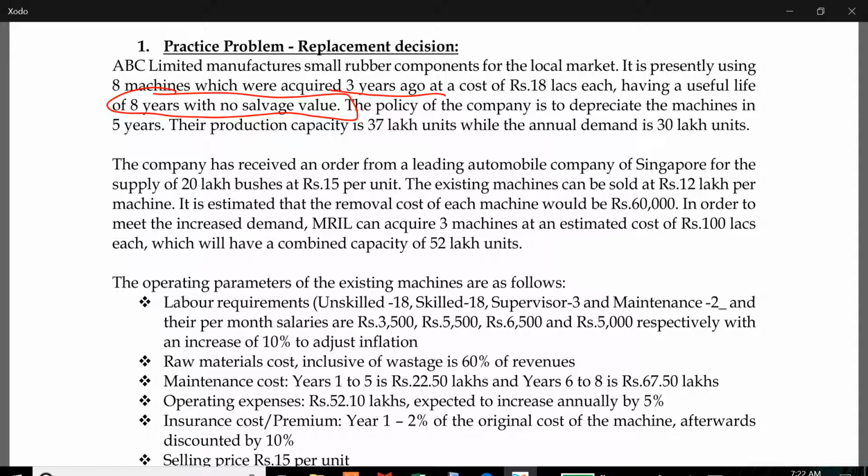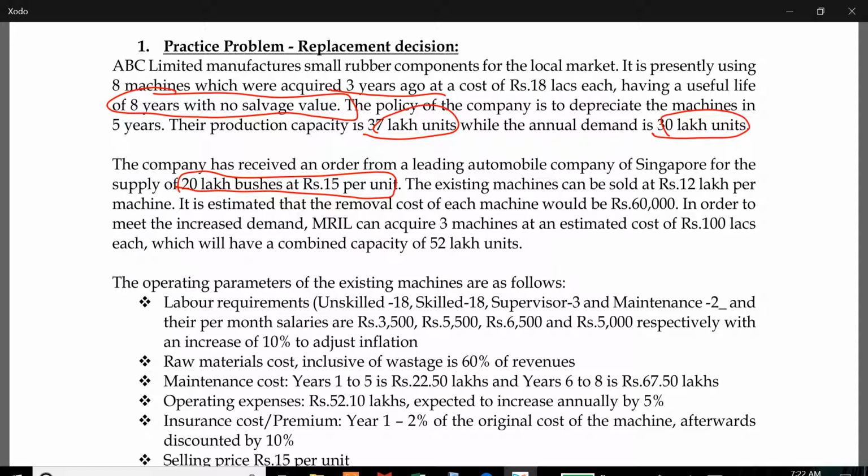Production capacity and annual demand. Capacity is 37 lakh units, demand is 30 lakh units. The company has received an order from a leading automobile company for the supply of 20 lakh bushes at rupees 15 per unit. Now the issue is my capacity is 37 lakh, utilization is 30 lakh, I cannot accept this order of 20 lakh bushes, because I do not have the production capacity.